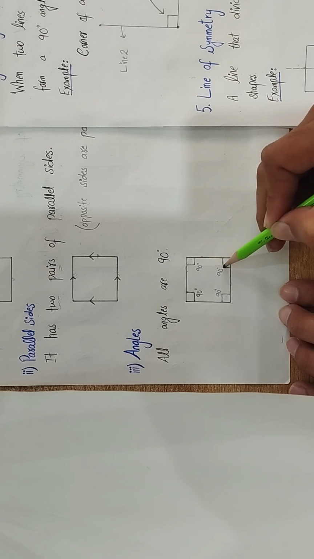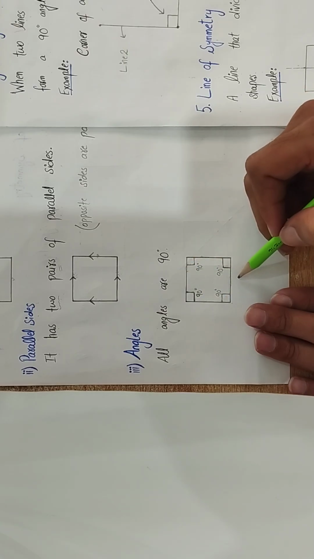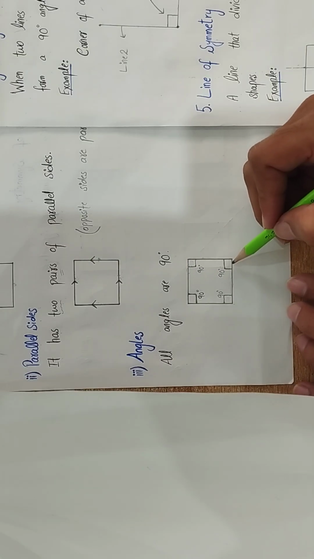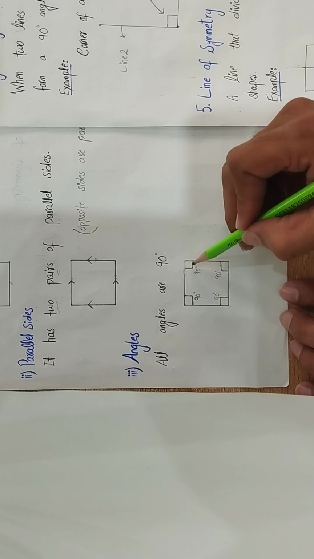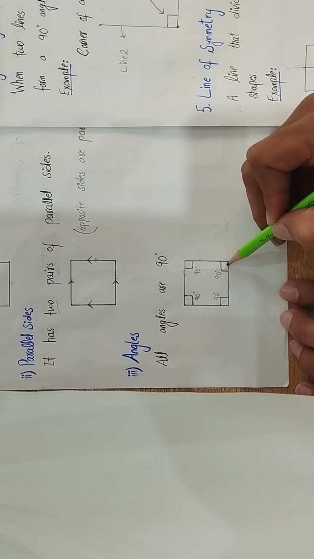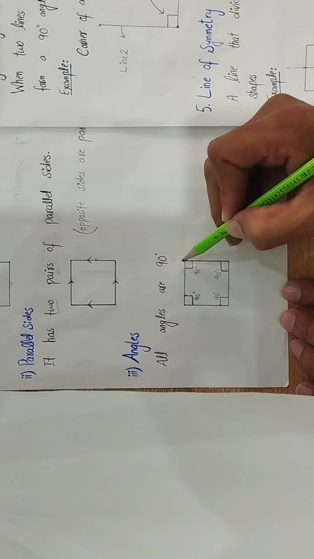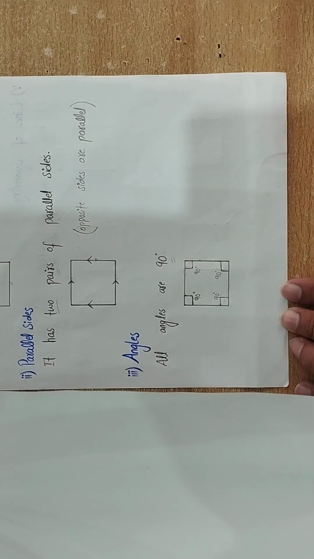It means there is an angle of 90 degree between these two lines. So all the sides are making square corners. It means they are having the angle of 90 degree between them. So all the 4 angles inside the square are 90 degree. This one is the third property in square. All the 4 angles are 90 degree.